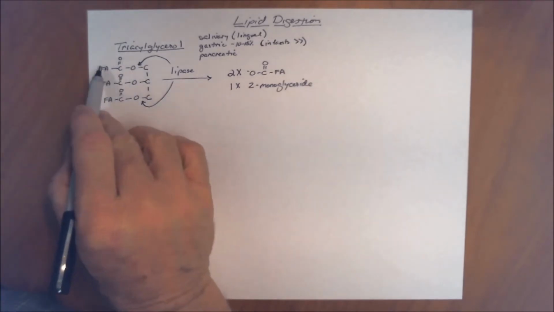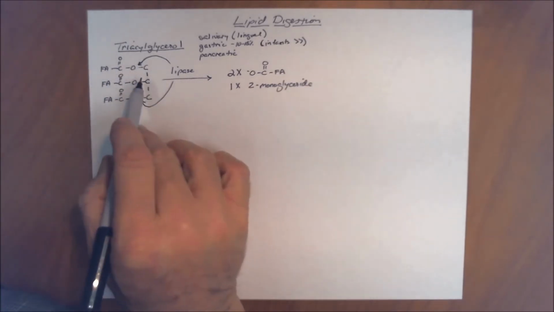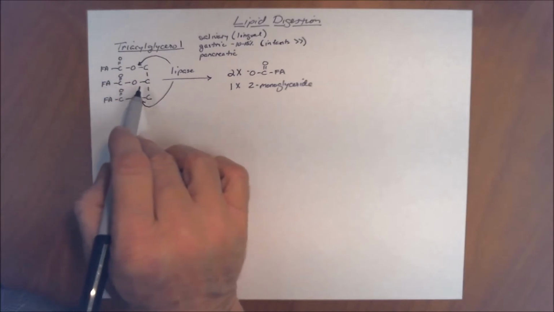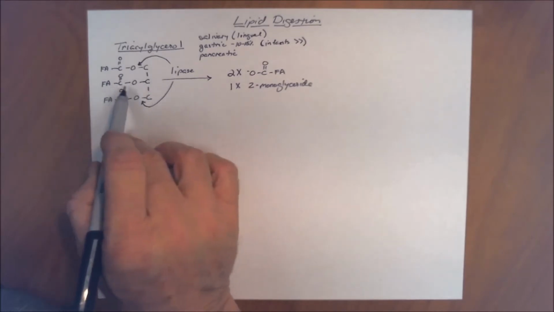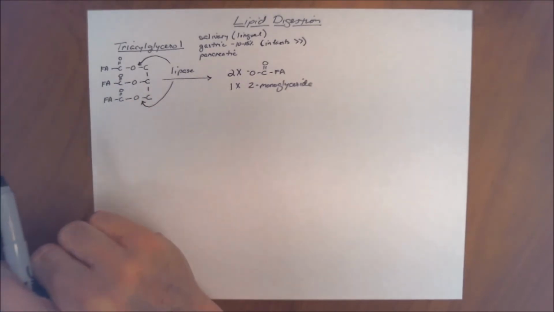So we are releasing these 2 fatty acids from the ends by lipase activity, and the middle one stays, and because this is a glycerol backbone, this is number 2 carbon, this is called 2-monoglyceride with 1 fatty acid attached.